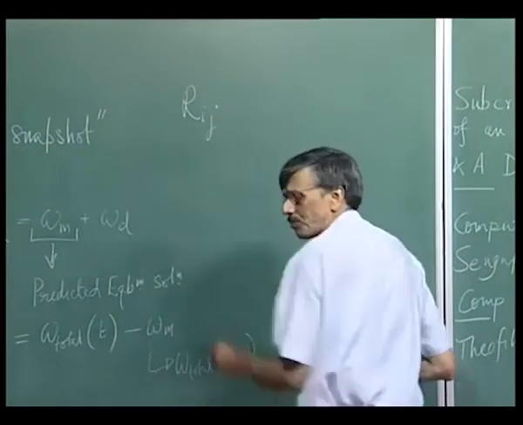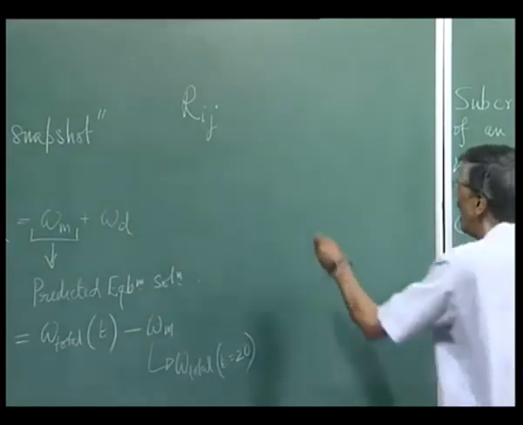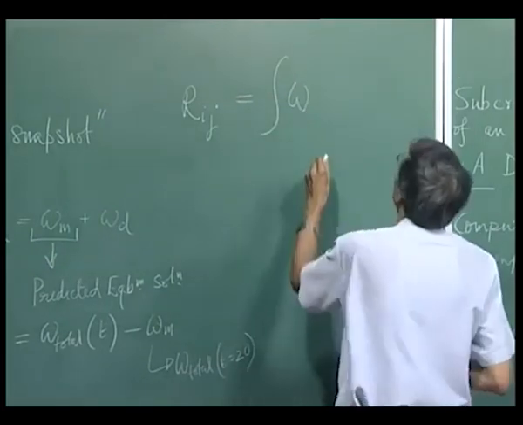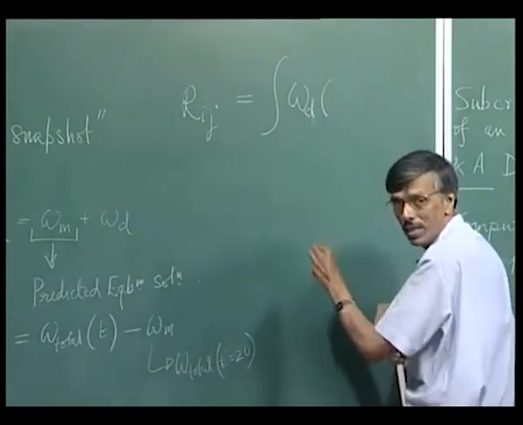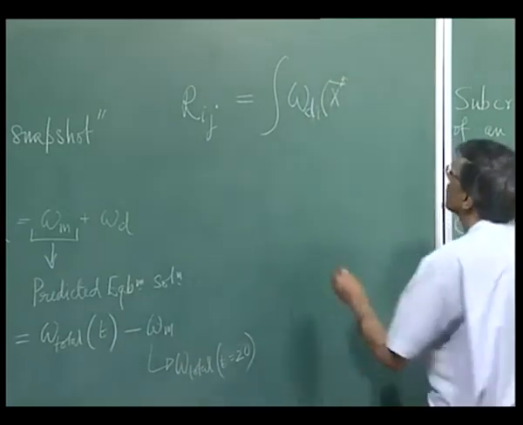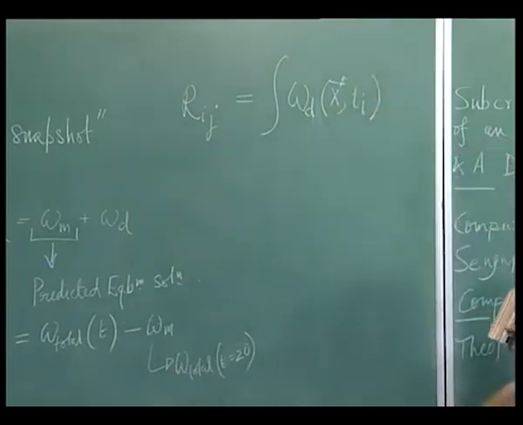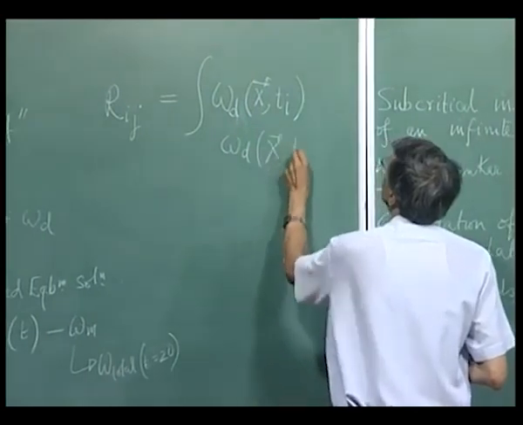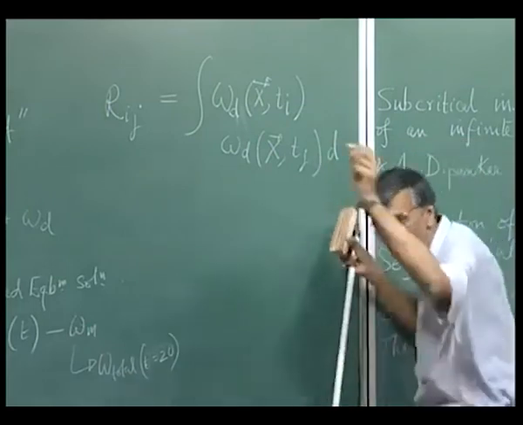I j. So, the I and j indices refer to different time instants. I will be talking about omega d, the disturbance quantity at the ith time frame, T I, for some x vector. Then multiply by omega d at T j, and then I perform the integral over all the collocation points.